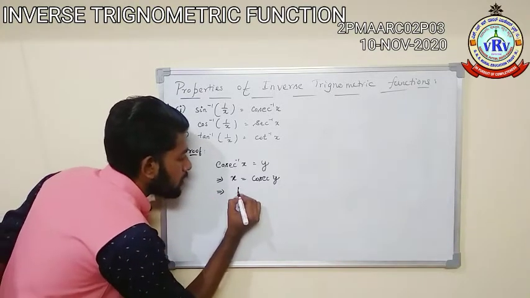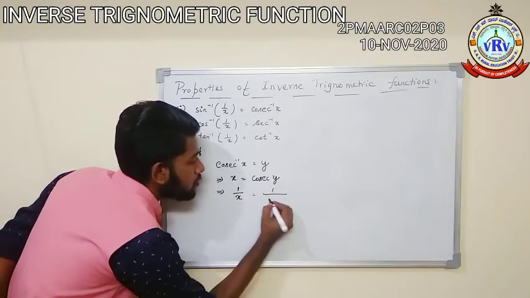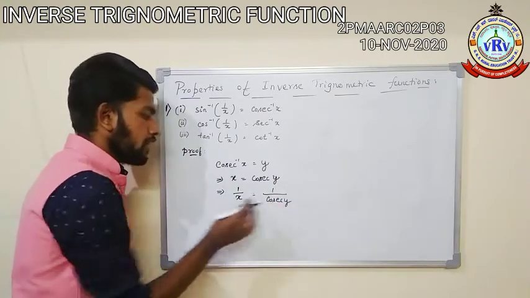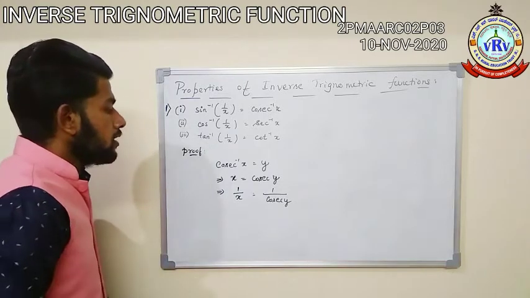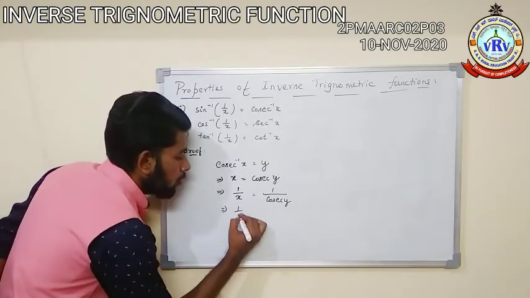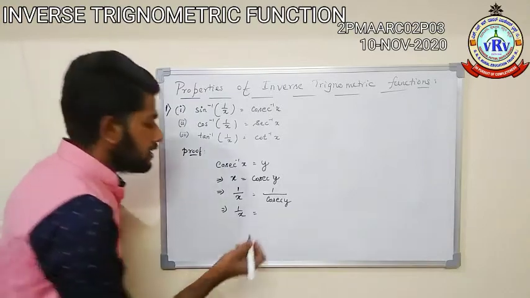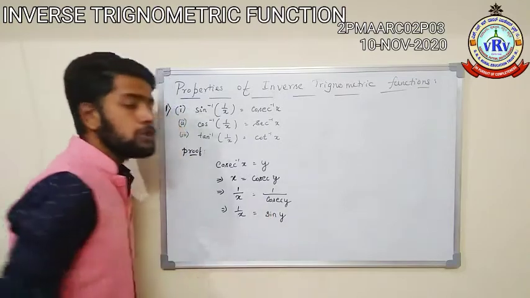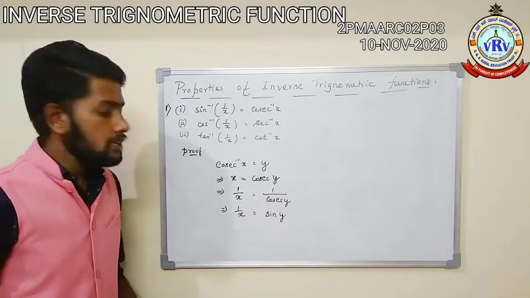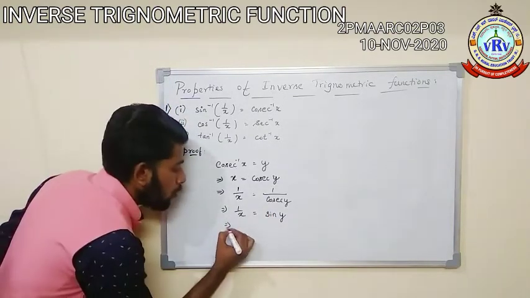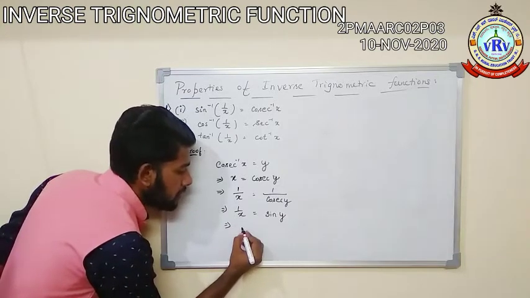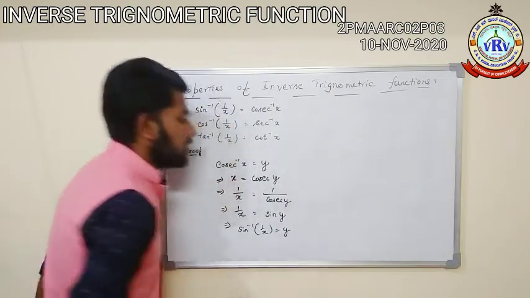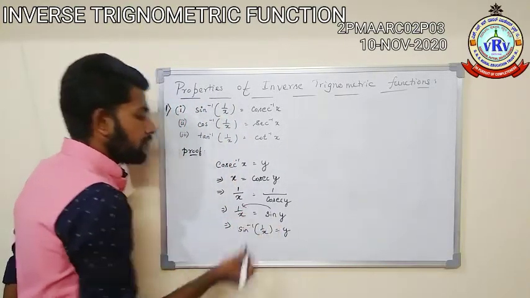If I take reciprocal on both sides, 1 by x is equal to 1 by cosecant y. Right? In the place of x, we have cosecant y. Okay. We know 1 by cosecant y is equal to sine y. Right? The reciprocal of cosecant y is a function sine y. Therefore, 1 by x is equal to sine y, which means sine inverse of 1 by x becomes y.